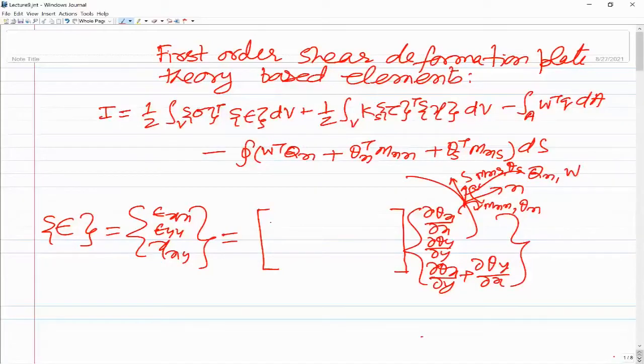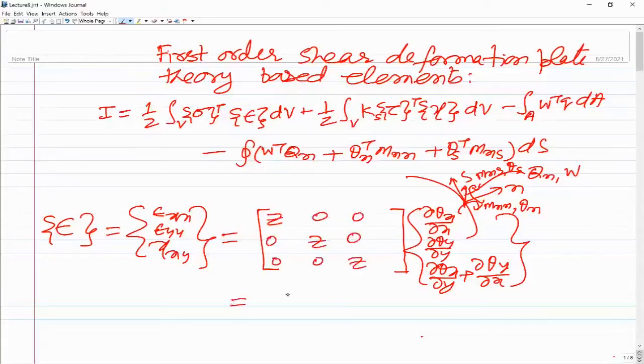Epsilon xx is z into del theta x by del x, so that would be z 0 0. Epsilon yy is z into del theta y by del y, so 0 z 0. Gamma xy is 0 0 z into this term.